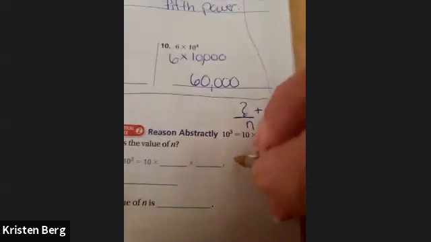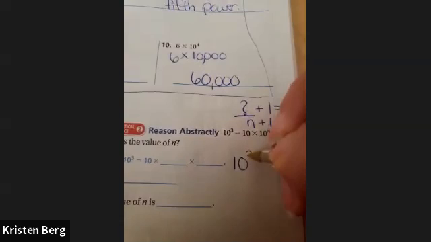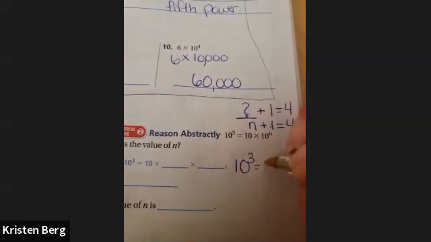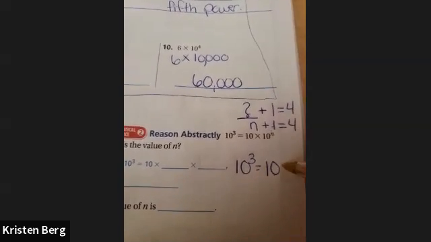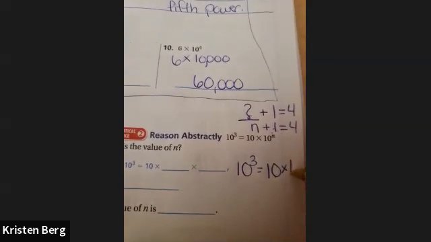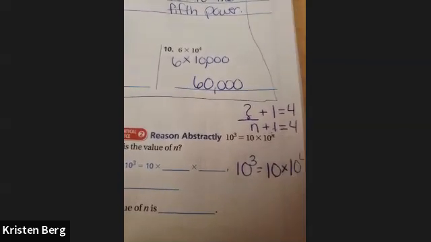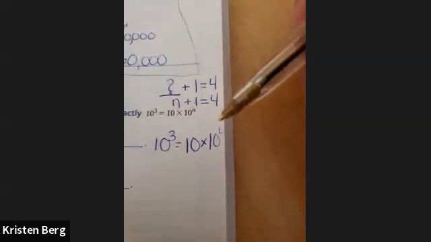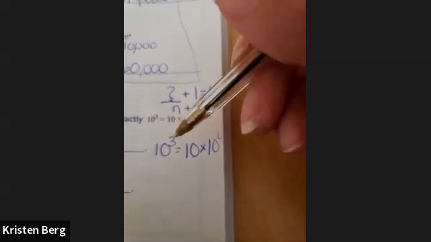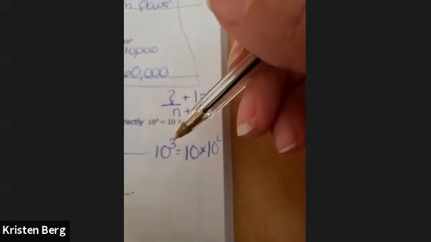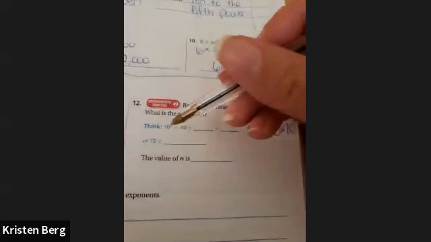So what they're saying here again is in order to get 10 to the third power, you're going to take a 10 and times it by 10 to what power? So if you thought about this, I need to get to 3 10s, correct? So 10 to the third power is a 10.